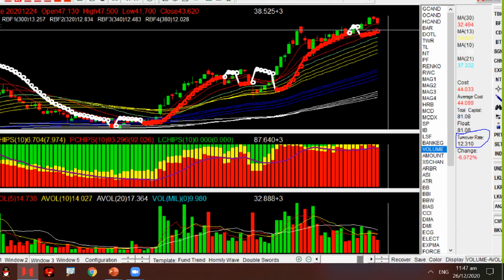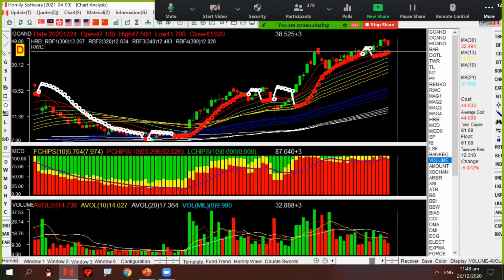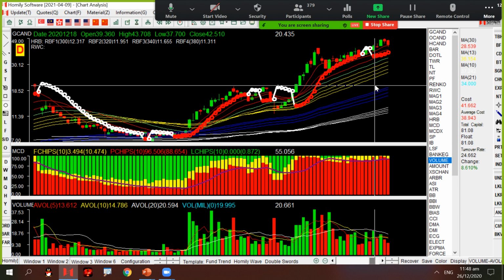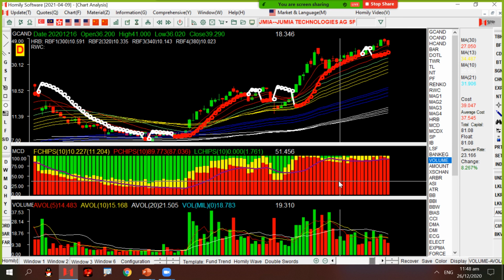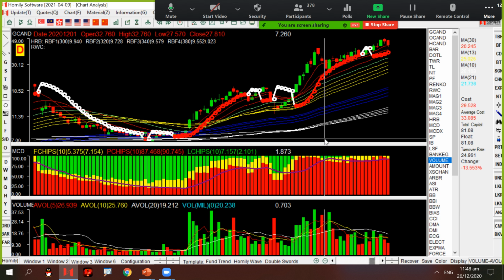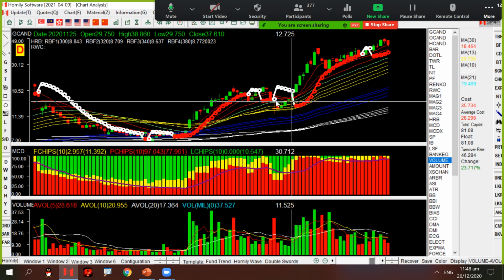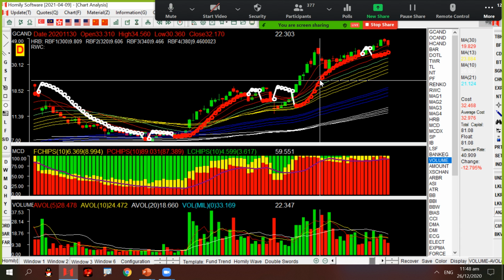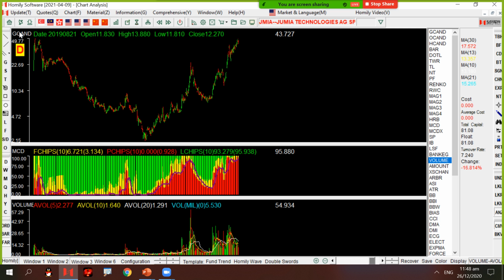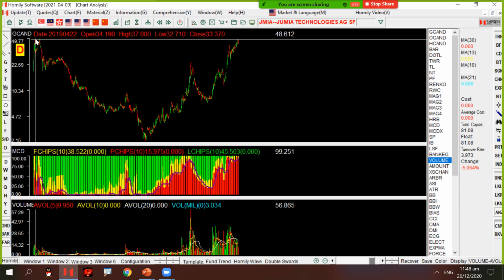You see? It's e-commerce, an uptrend. Do you think it's an uptrend? Yes, uptrend. Do you think the multi-color dragon, the red bar, is very good? Yes. That's why so many people make profit from this share, Jumia. Now, almost very close to the previous high of the first day.